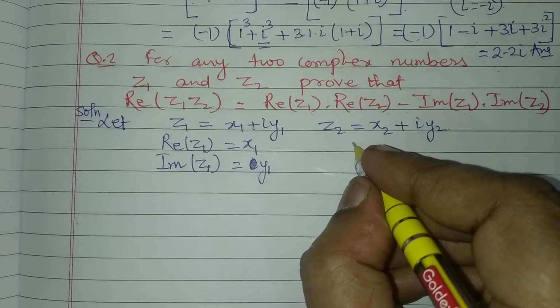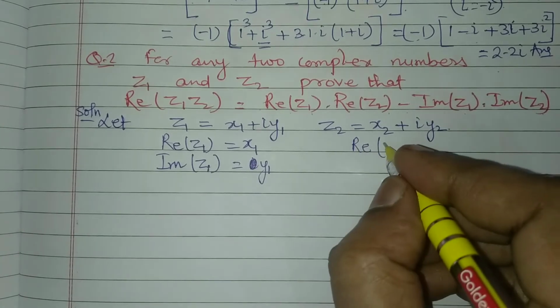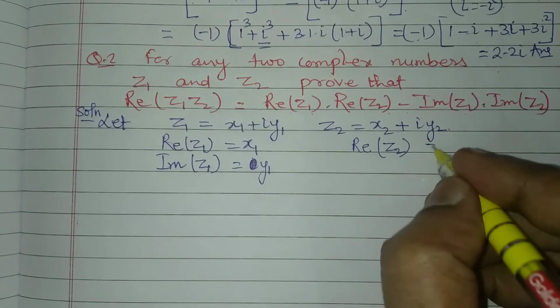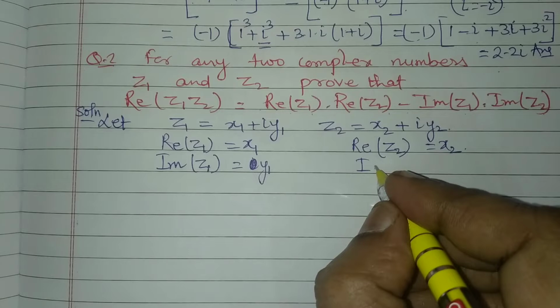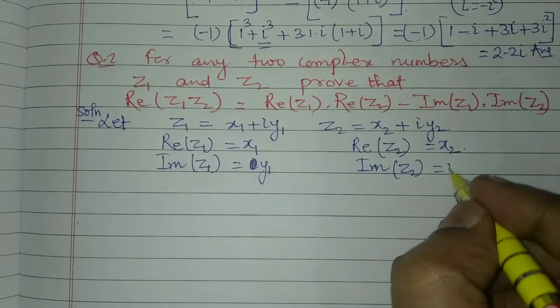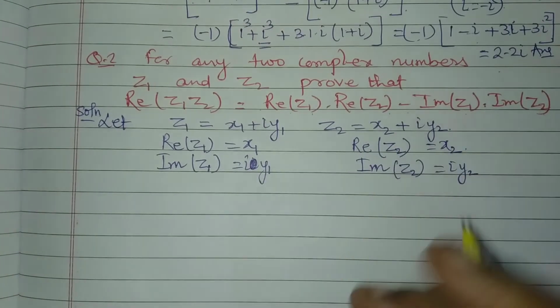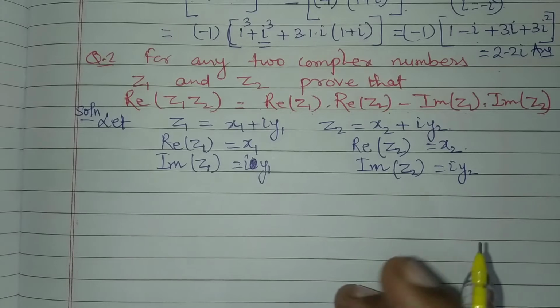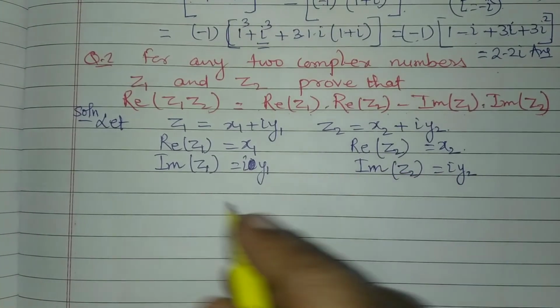And now real part of z2 is equal to x2, and imaginary part of z2 iy2 I am writing. Here I am also writing iy2. Let us see what will happen, because real part is multiplied by iota, then it becomes imaginary.